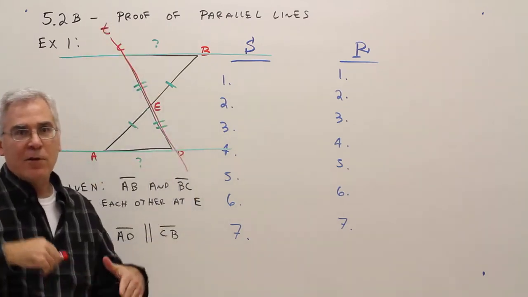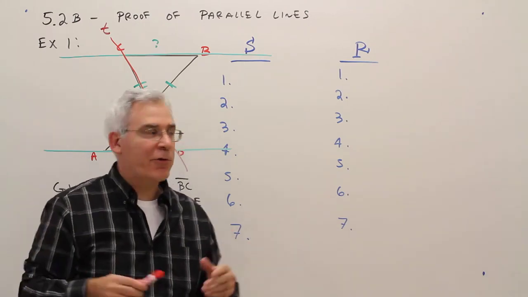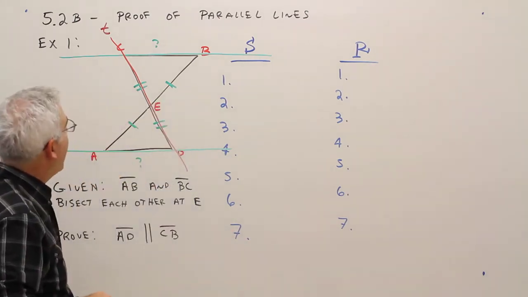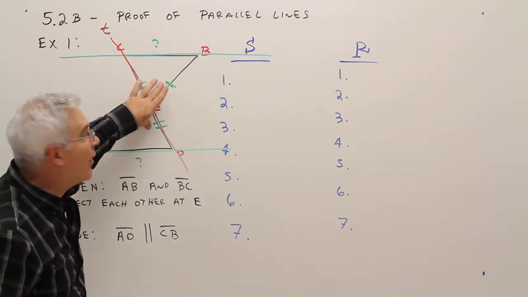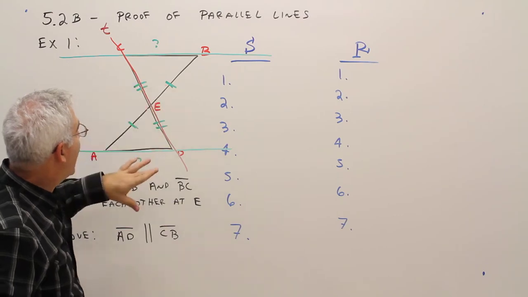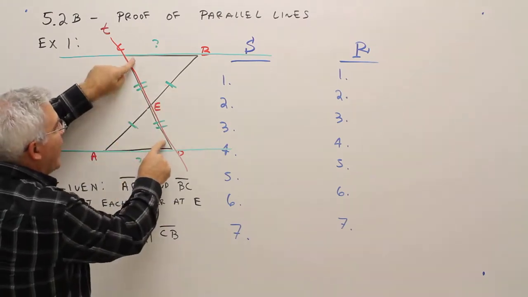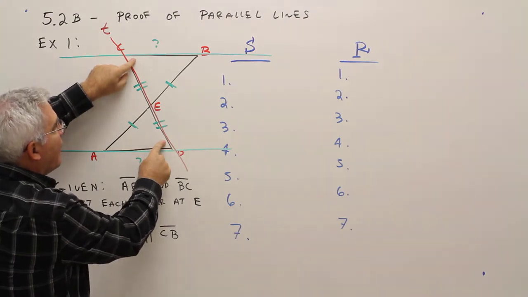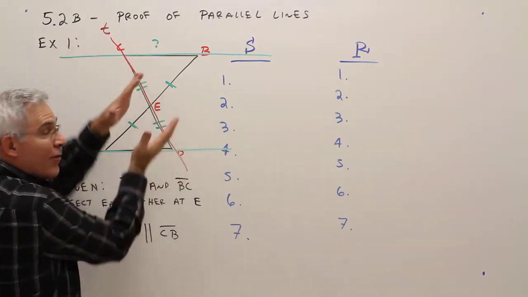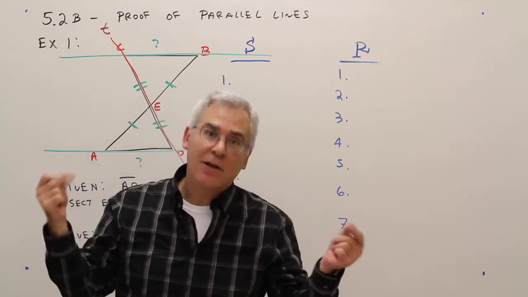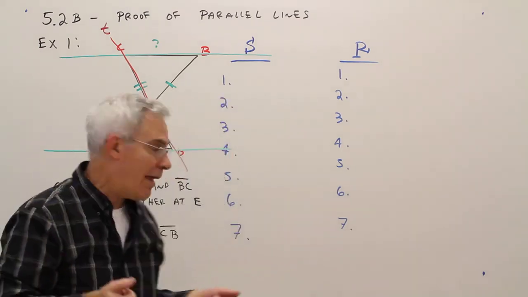All right, so then I could be thinking alternate interior, alternate exterior, so let's come up with a game plan. If I got these triangles congruent, then I could get the corresponding parts congruent. This angle with this angle, and then I would have alternate interior angles being congruent. Game over, the lines are parallel.